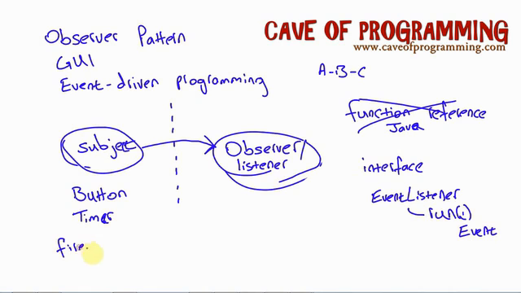That just means that it calls the code in the method that the interface specifies, which the observer implements. So the subject calls the run method and passes it some object called an event or an event object, and that object has data in it, which is therefore passed to the observer.